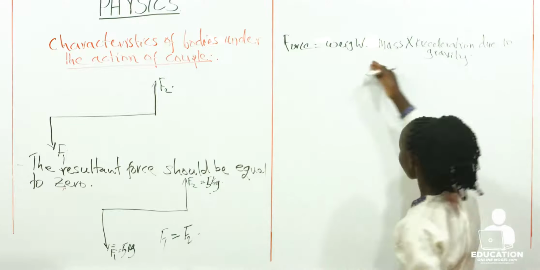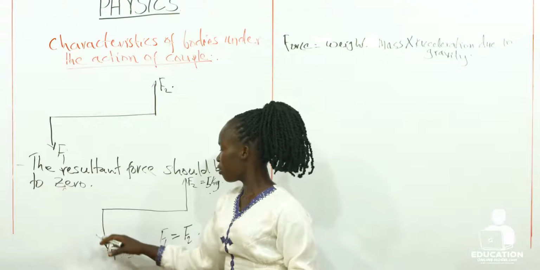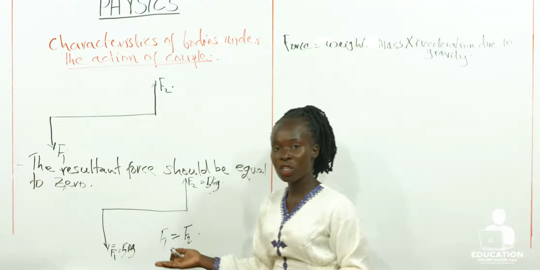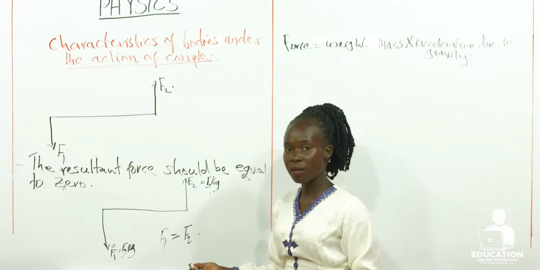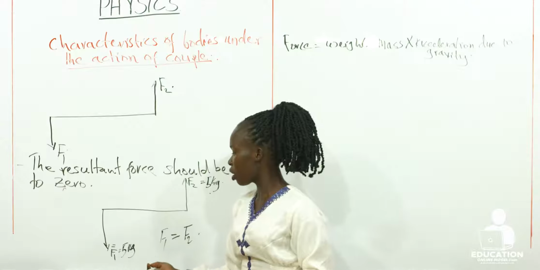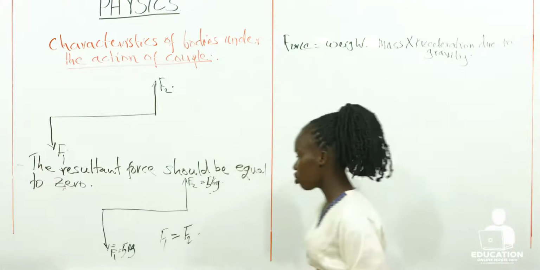Why are we having it like that? Because we know that for any body that is falling freely, there is a gravitational pull that acts on the body. So for you to get the weight of the body, you will have to get the mass and then multiply it by the acceleration due to gravity.